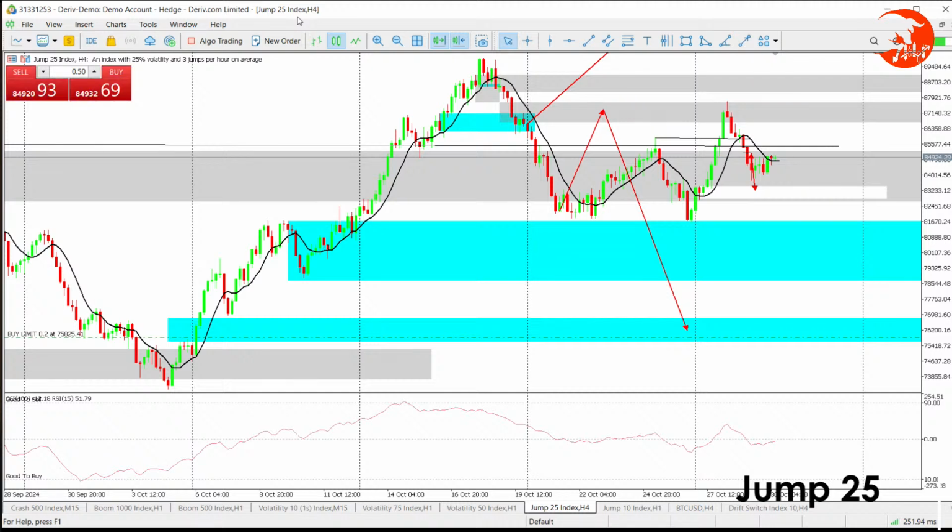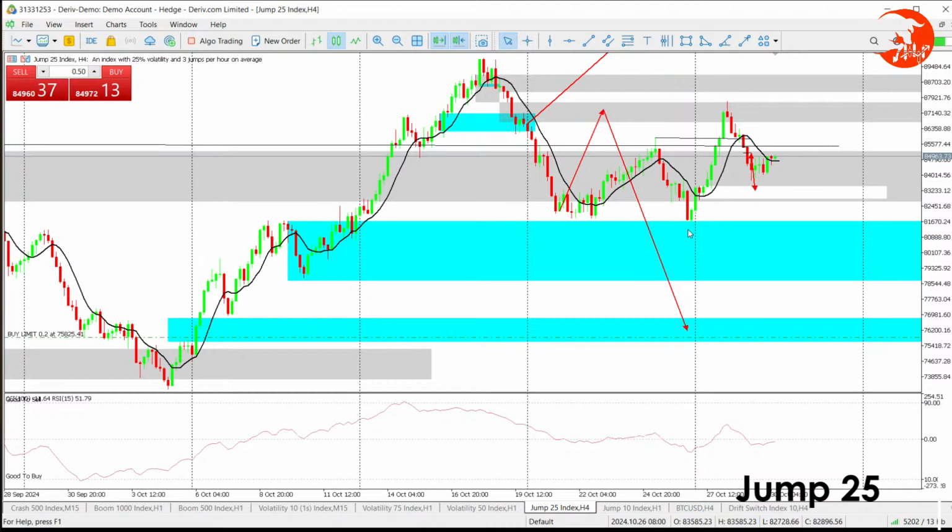H4 we are selling. We broke structure there. We failed to break structure here, so this is the support level there. That is one, and we are looking for sales on H4.